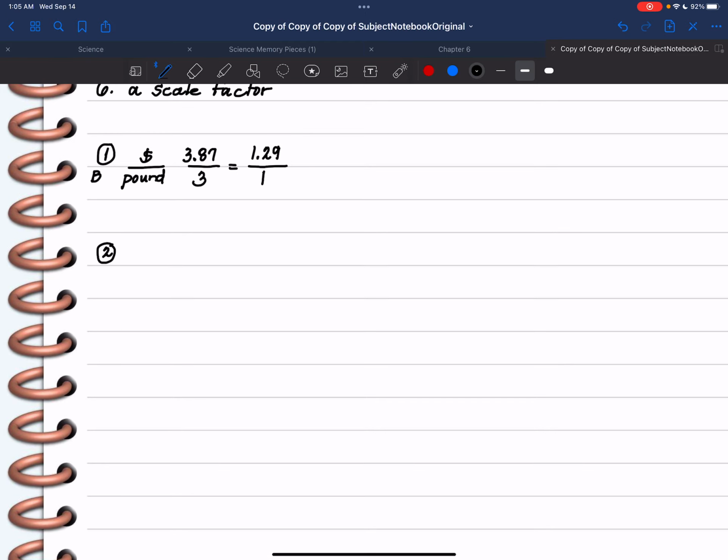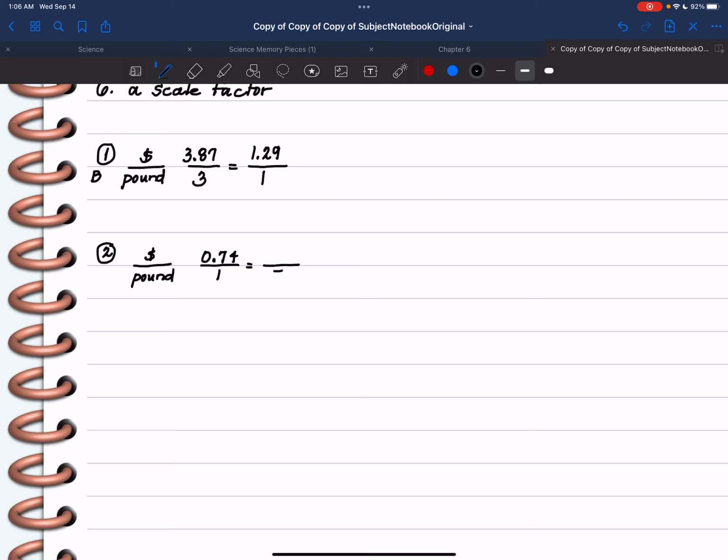Number 2. A company is packaging bags of sugar for sale. The unit rate for a pound of sugar is 74 cents a pound. What will be the cost of a 5-pound bag of sugar? So again, we're comparing dollars to pounds. And we have 74 cents for 1 pound.